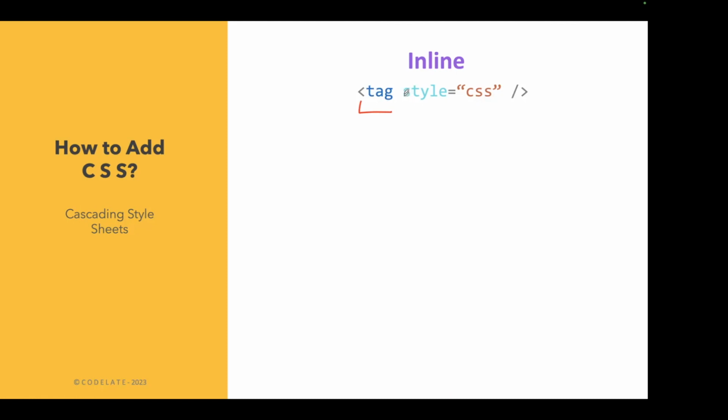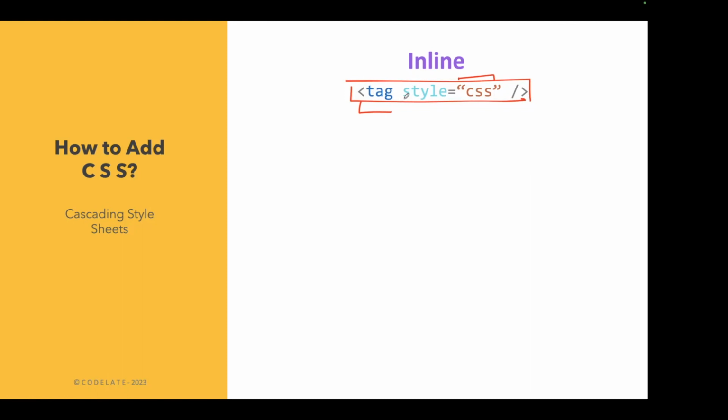Then you will have this attribute called style equals to, then you write your CSS code in between these double quotes. So whatever CSS code you write in here would apply to that particular line of code where it is being added inline. Which means you're writing it inside the line of code that you have.